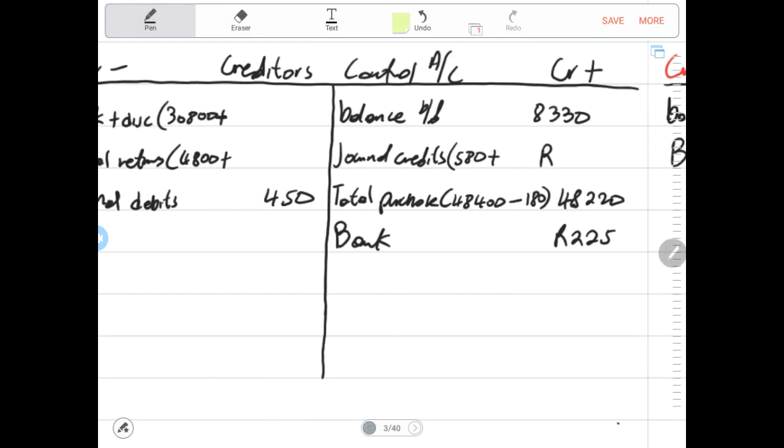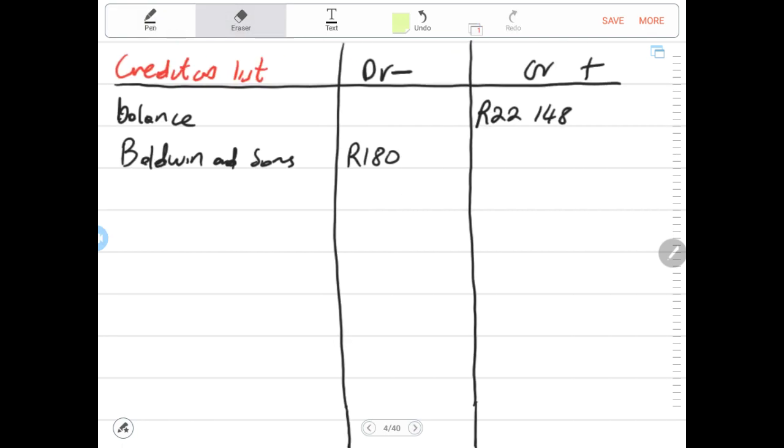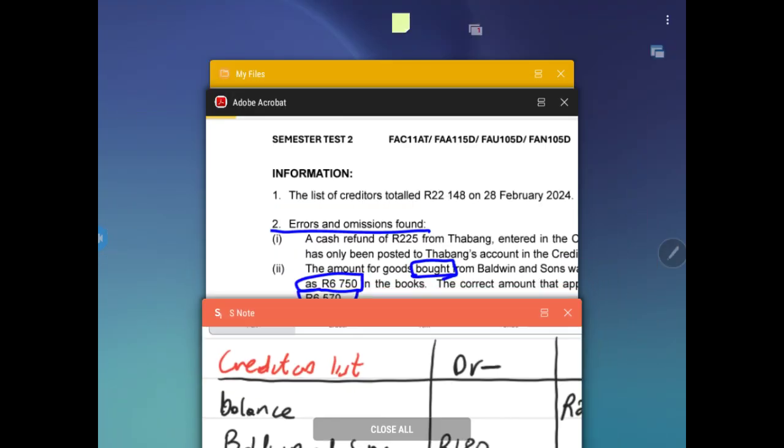But in the ledger account, we reduce it under the same line item, total purchases, and we just indicate it as a minus. Please be mindful of that. But in the list, we record it on the debit side, where we are debiting now, or reducing, the list.